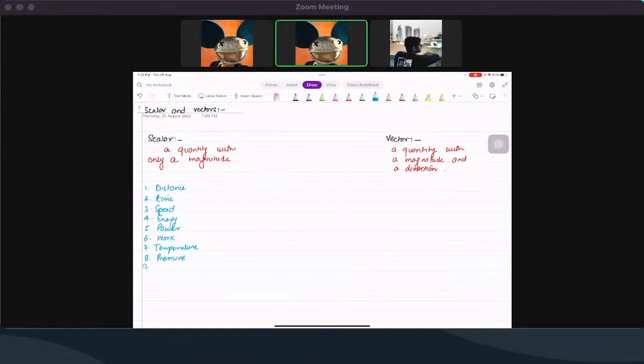Then you got the current, that's also scalar. You got resistance, it's a scalar. You got voltage, that is also scalar, and there are others as well, but you can just use these.